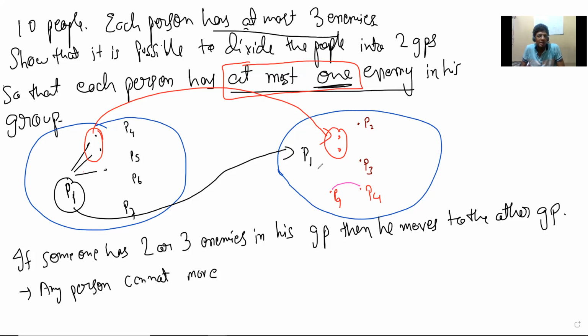See, it seems difficult to explain. No, because some other enemies could have come to this group after some point, right?